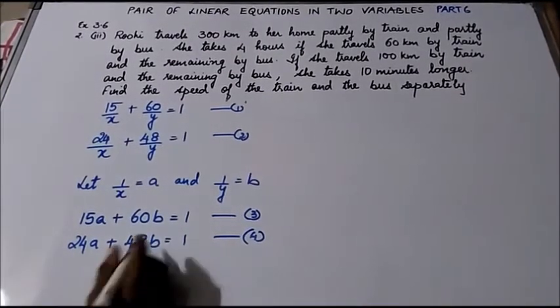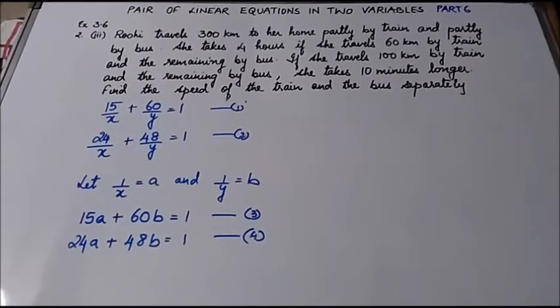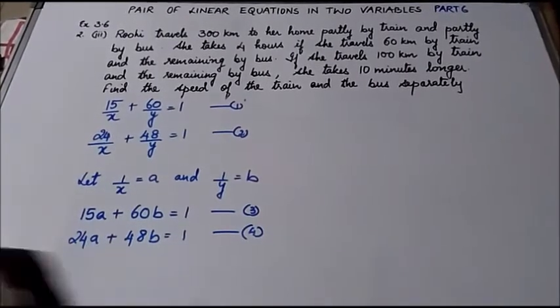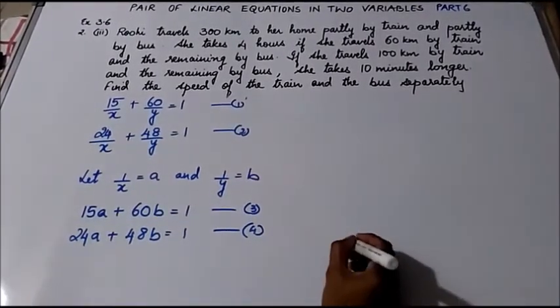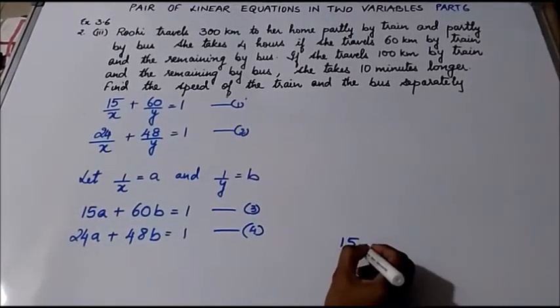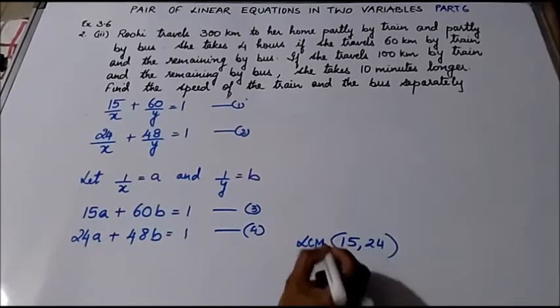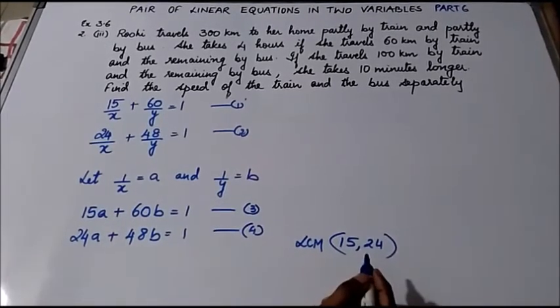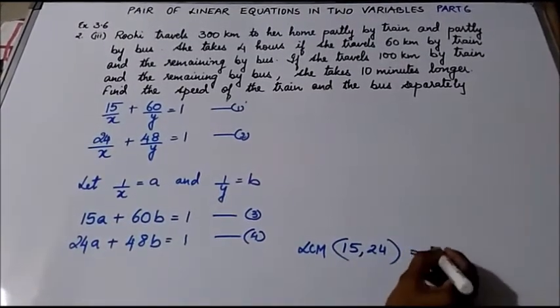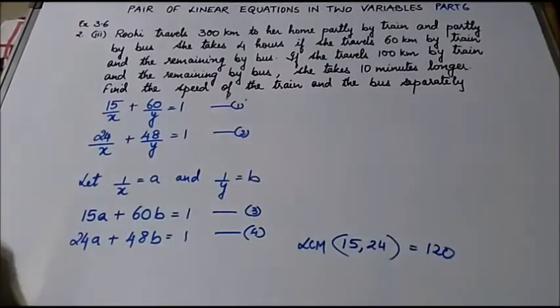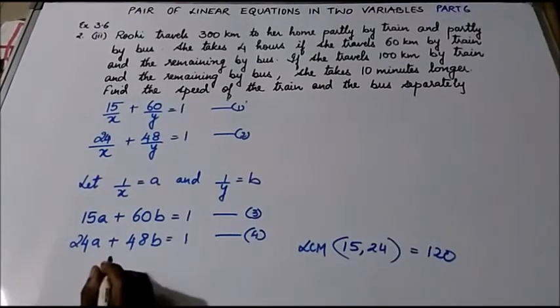Now let us solve this by the elimination method. We'll make the coefficient of a equal. Now the coefficient of a in the third equation is 15 and the coefficient of a in the fourth equation is 24. What is the LCM? Here the LCM you will get is equal to 120.